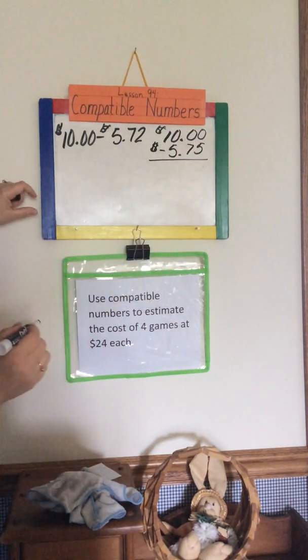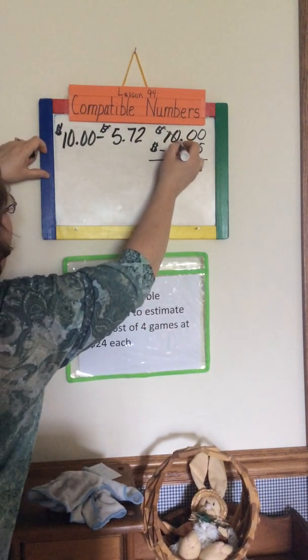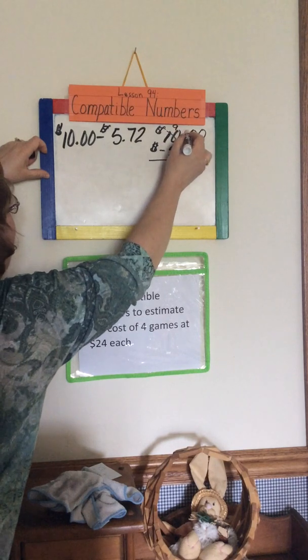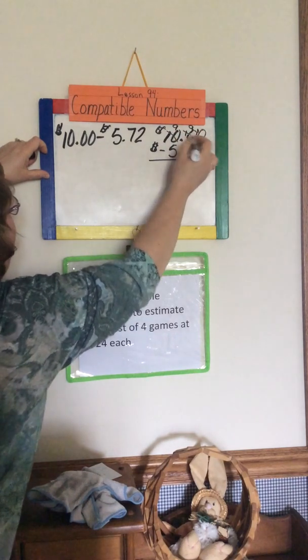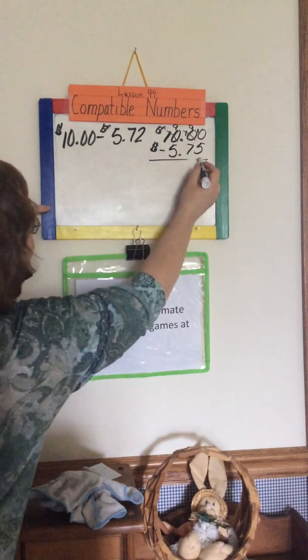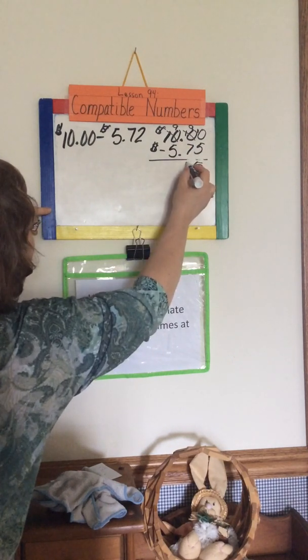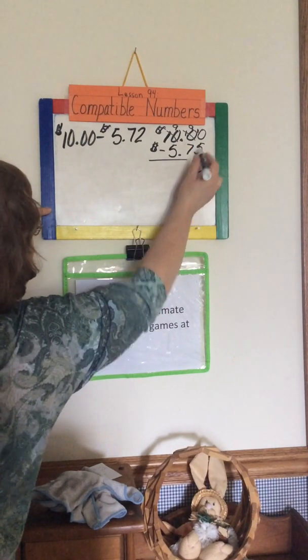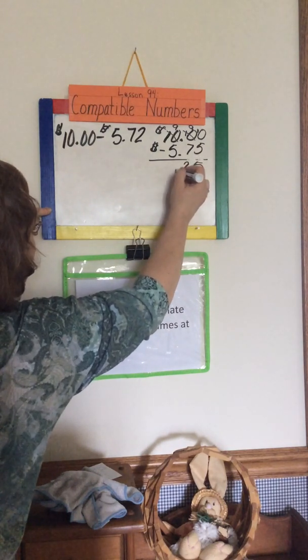Now, because we have so many zeros, we are going to need to trade. So we make that into a 9, make this into a 10, make that into a 9 again, and move a 10 over there. So now we have 10 take away 5 in our ones is 5. 9 take away 7 in our tenths is 2.